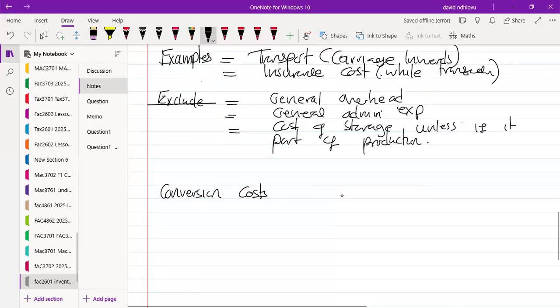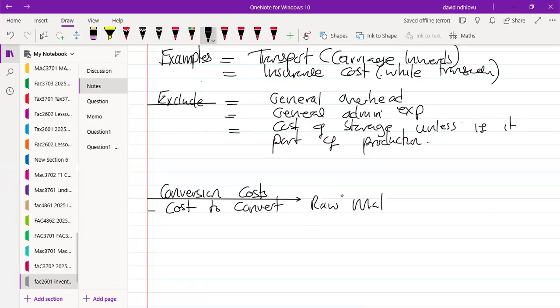Right, so when you look at the conversion costs, this is basically the cost to convert raw materials into finished goods.